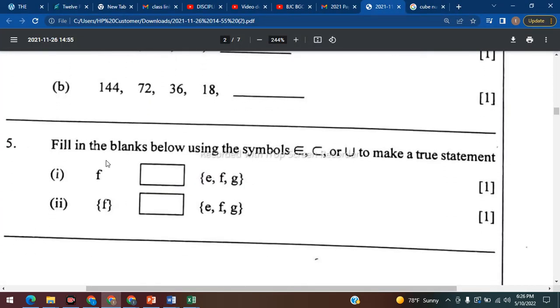It says fill in the blanks below using the symbols to make a statement true. I'm not going to say what they are, so you might get it. So F blank this and this blank this. What's supposed to be inside each? What do you think?